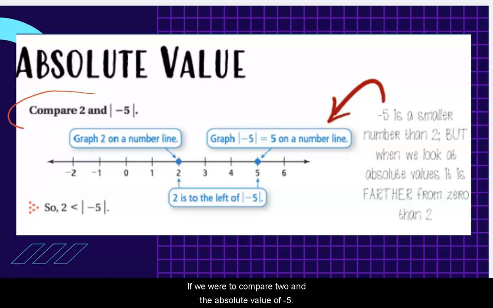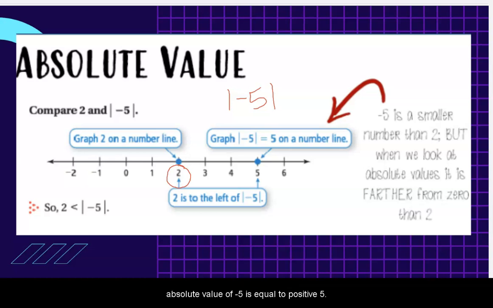If we were to compare 2 and the absolute value of negative 5, we have 2 right here. The absolute value of negative 5, we have to think of it as absolute value. We're not going to think of it as negative 5. We're going to think of it as the absolute value of negative 5. And the absolute value of negative 5 is equal to positive 5. And we have that graphed right here.